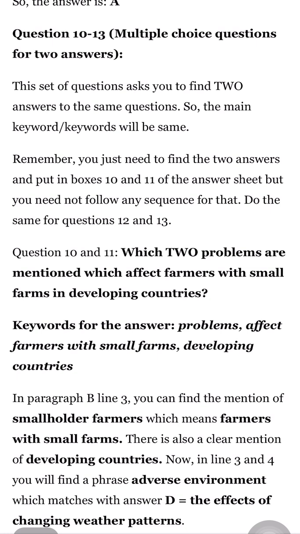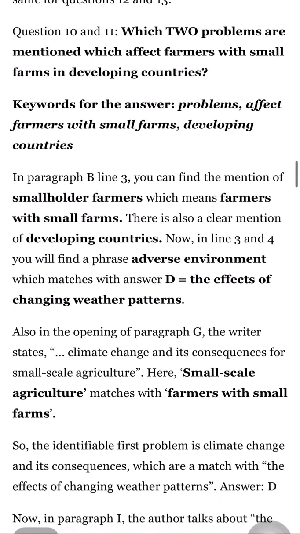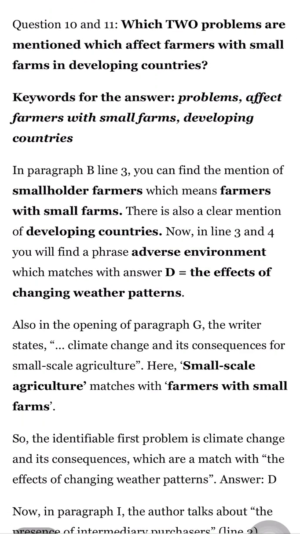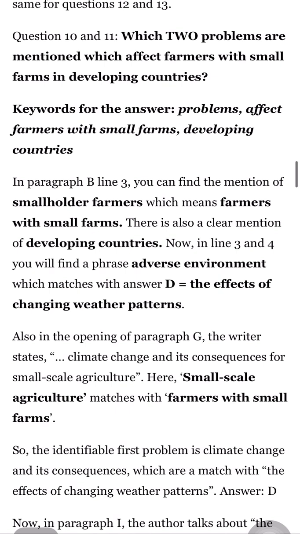Which two problems are mentioned which affect farmers with small farms in developing countries? Keywords for the answer: problems, affect farmers with small farms, developing countries. In paragraph B, line 3, you can find the mention of smallholder farmers, which means farmers with small farms. There is also a clear mention of developing countries.